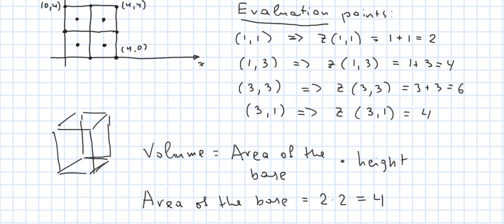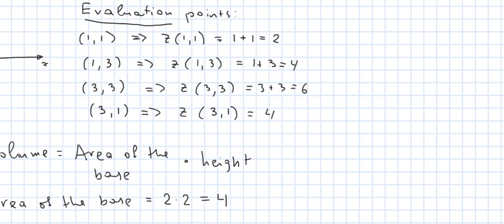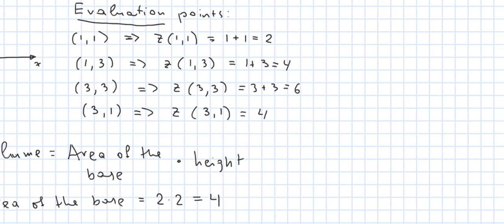But the columns have different heights. One column has height 2, one column has height 4, another column has height 6, and then the last one has height 4.